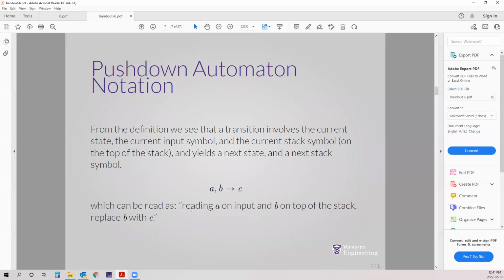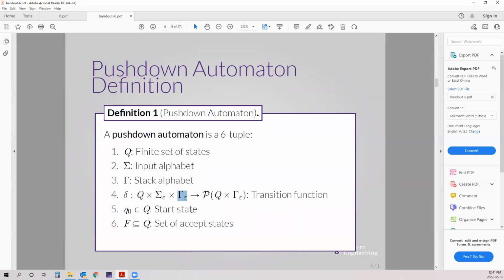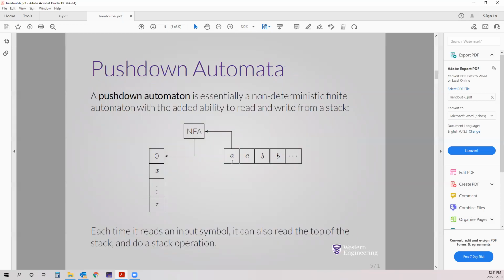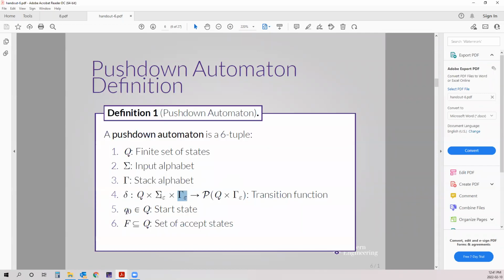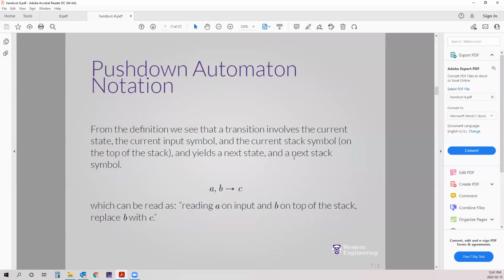From the definition, we see that a transition involves the current state, the current input symbol, and the current stack symbol at the top of the stack.